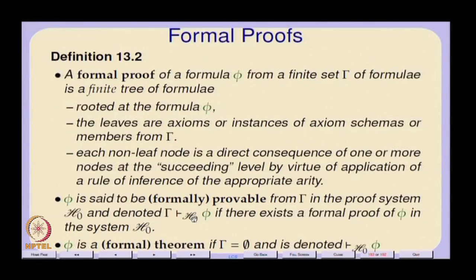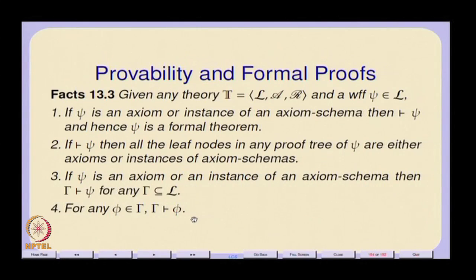Now, we come to an important thing about the notion of formal provability. If phi is an axiom or an instance of an axiom schema, then phi is a formal theorem. If psi is provable, then all leaf nodes in any proof tree of psi are either axioms or instances of axiom schemas.